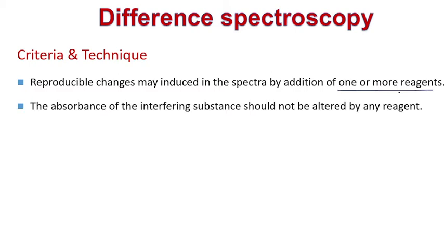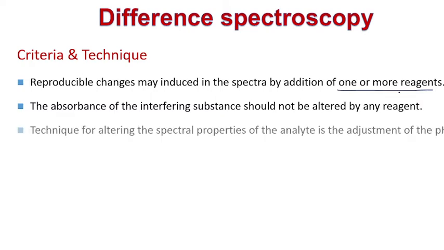Then, the absorbance of the interfering substance should not be altered by any reagent. We have seen the Z in the previous slide. I told you that of the 0.9, 0.1 was the absorbance of Z in alkaline, and similarly in acidic, 0.1 was the absorbance of Z. So the absorbance of the interfering substance or impurities is not going to change, it remains constant, so it will just get cancelled out.